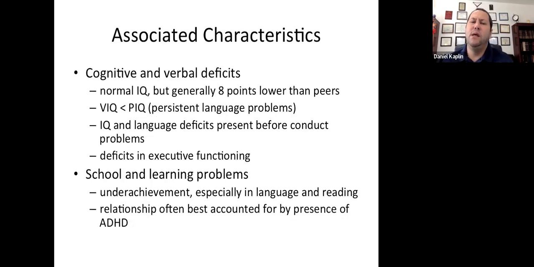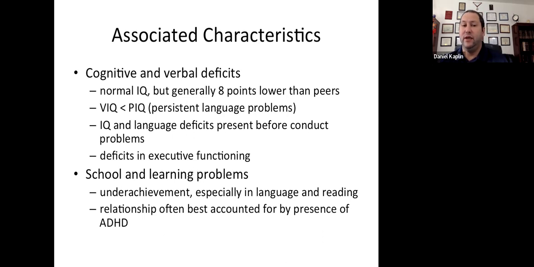So what are some of the associated characteristics with oppositional defiant disorder and conduct disorder? What we tend to see is that in general, cognitively speaking, there's normal IQ, but there's about an 8-point difference between the general population and the individuals with oppositional defiant or conduct disorder. We also see that there's the potential for language problems.